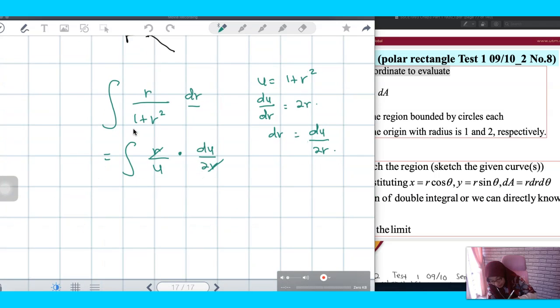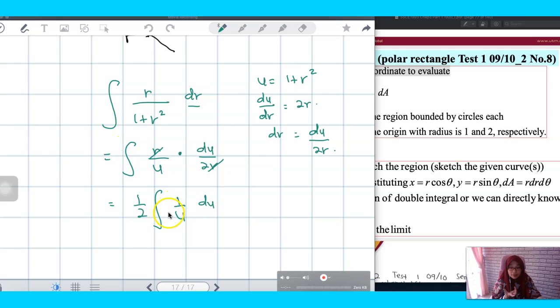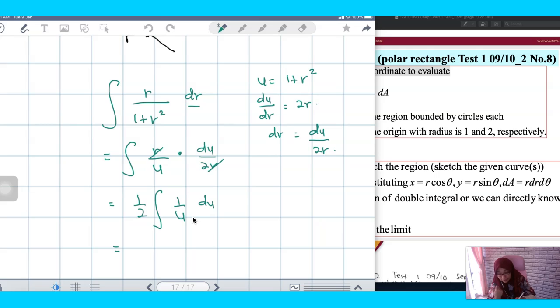It's not the answer yet, but you managed to simplify the original form into 1 over u du, in terms of u, which is a simpler form. So now we integrate 1 over u. What is the answer? ln u, right?